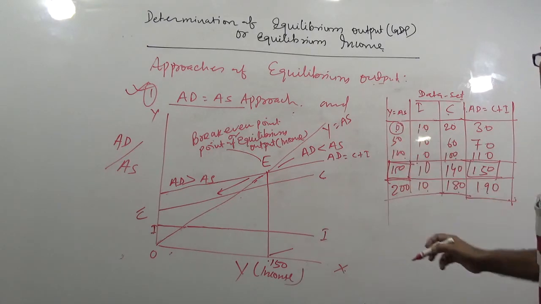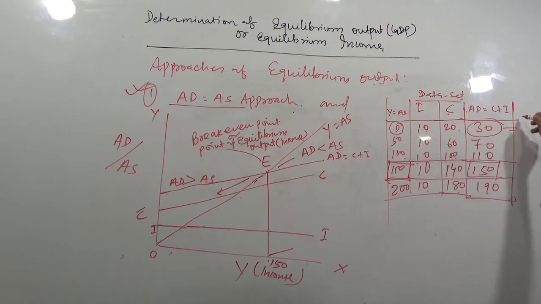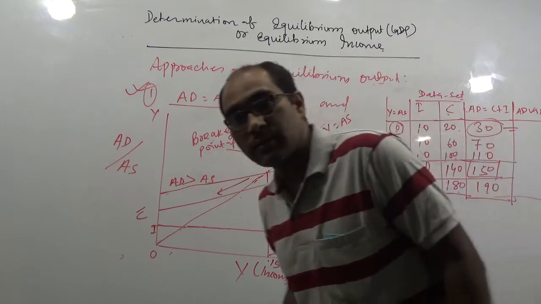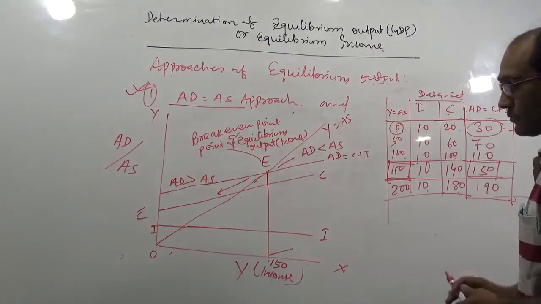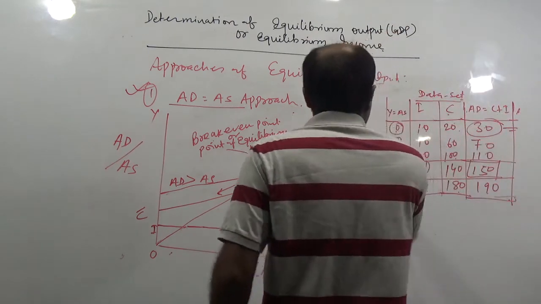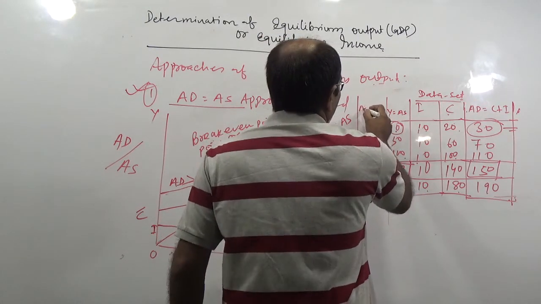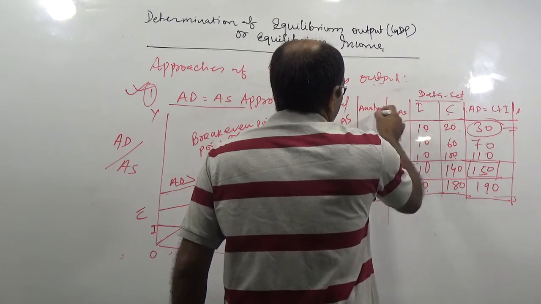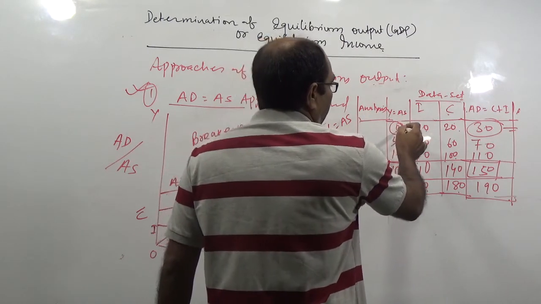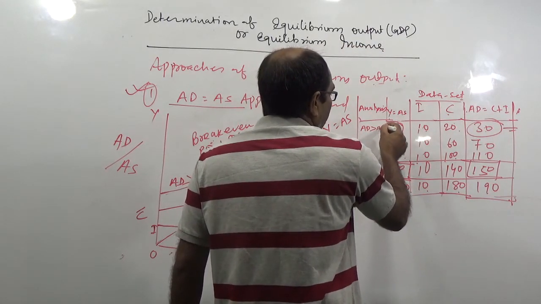See, before and after, in the schedule, income is 0, AD equals 30. AD versus AS, we can analyze it on the left side. Here AS equals 0, AD equals 30. So AD is greater than AS.